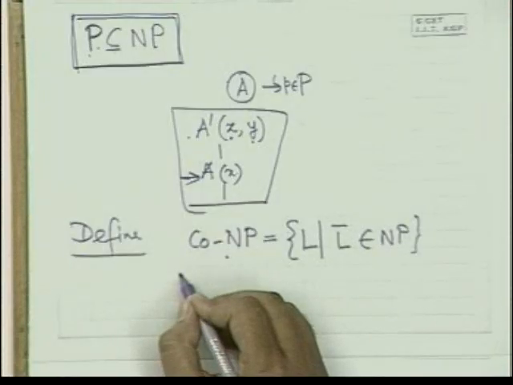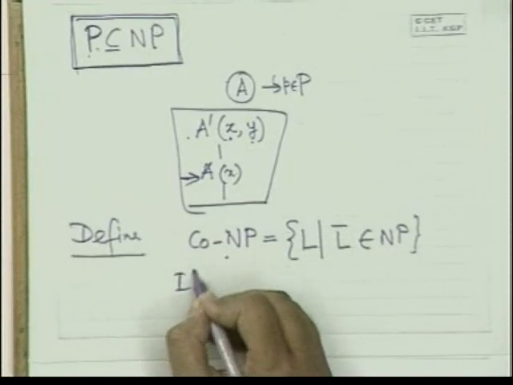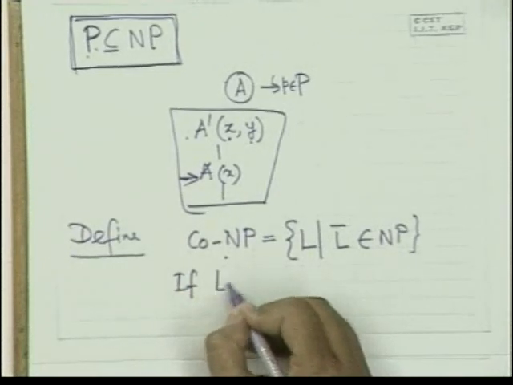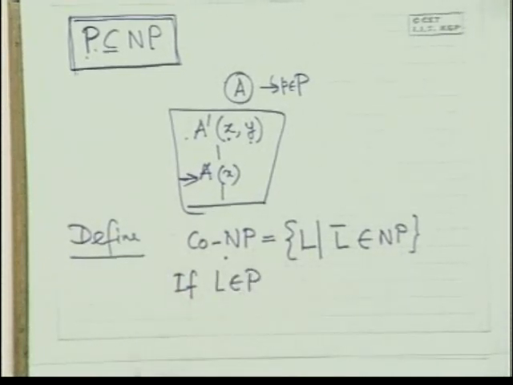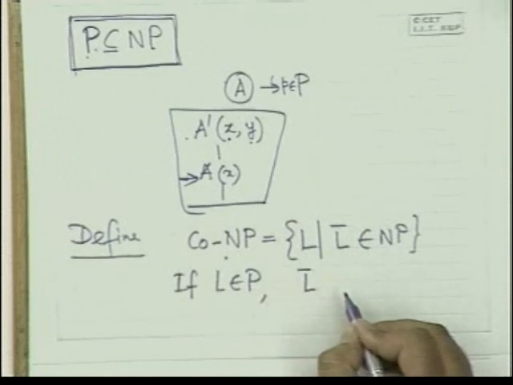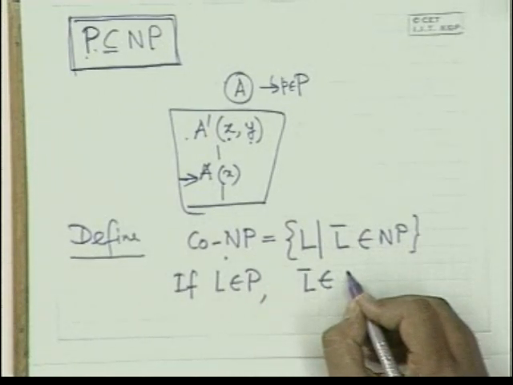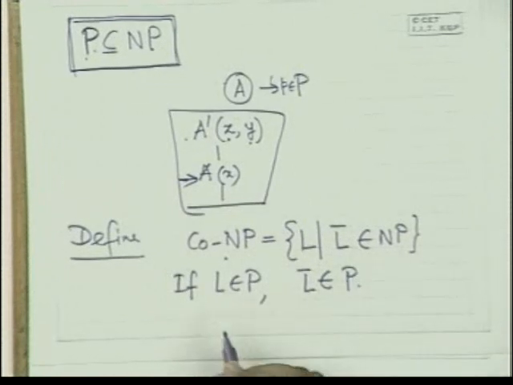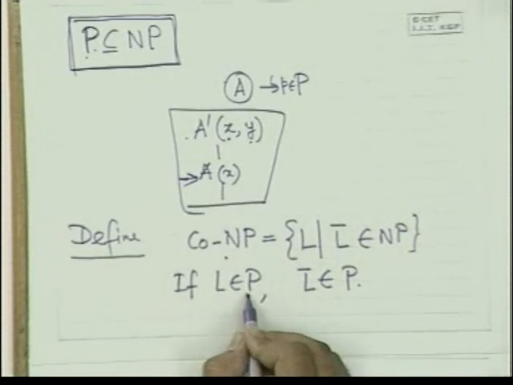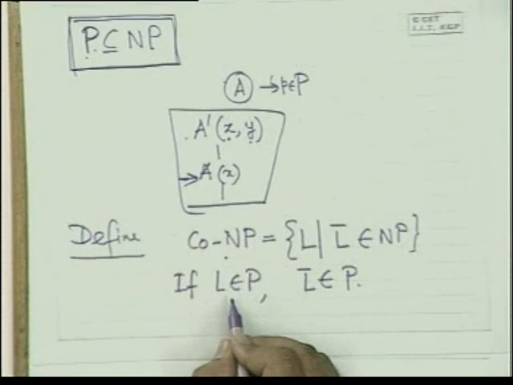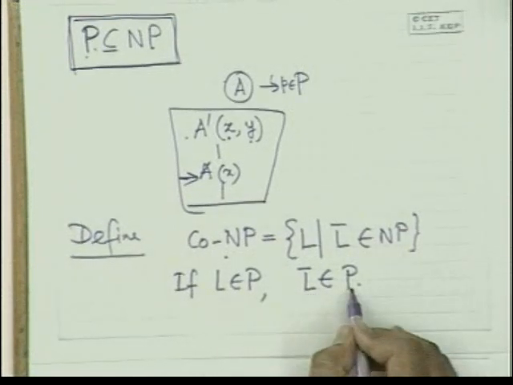Now we already know that you can verify this very easily. If a language belongs to P, then we know L bar also belongs to P, because if L can be decided in polynomial time, then L bar will also belong to polynomial time.